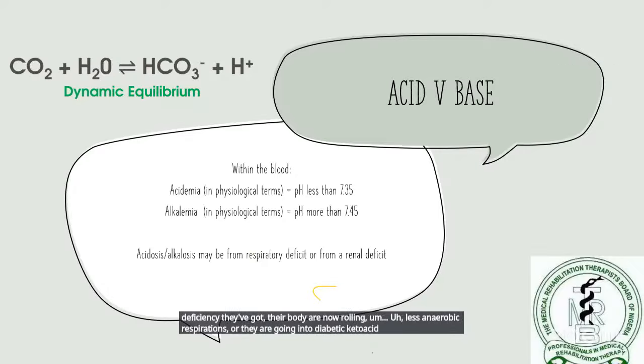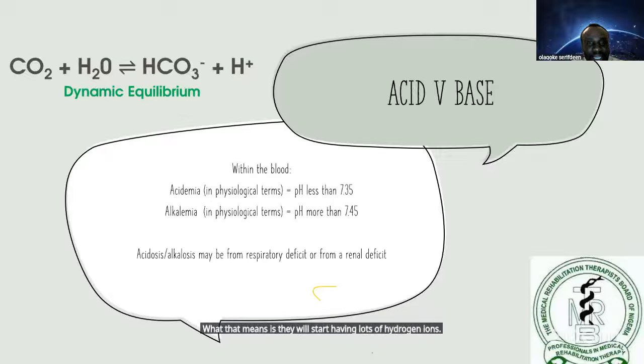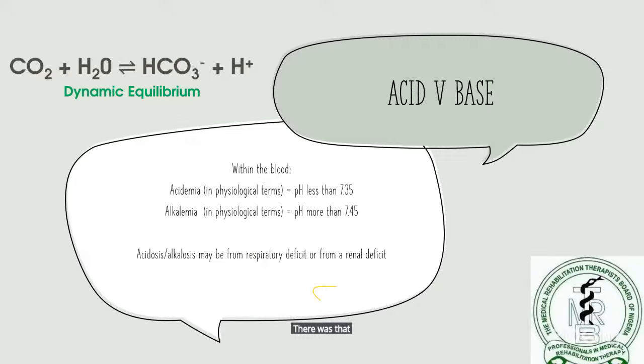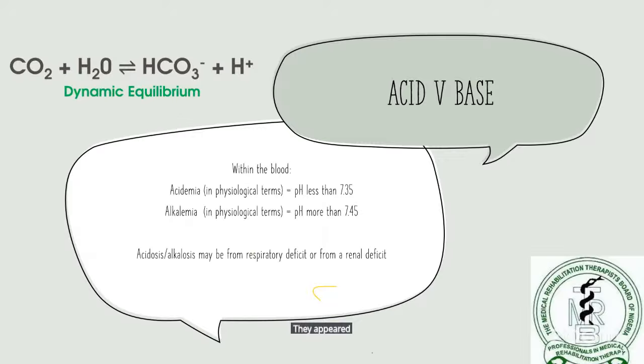What that means is having lots of hydrogen ions. If they're having a lot of hydrogen ions, what is going to happen to their pH? Their pH will start dropping down.